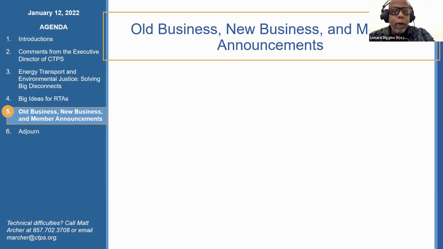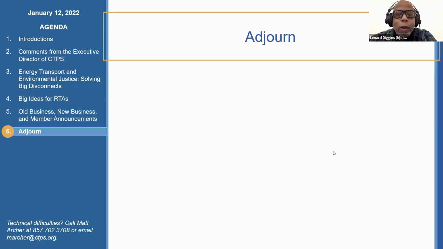So have I covered everything? I think so. And so I have no other new business at all. I'm not seeing any hands from anyone else. I think Franny's copying one more link for people.